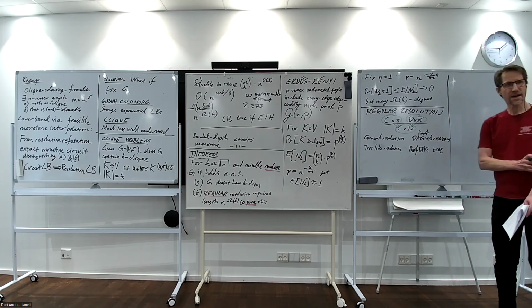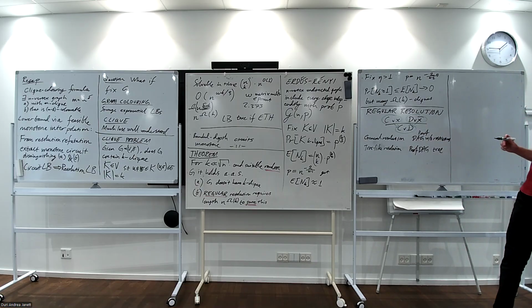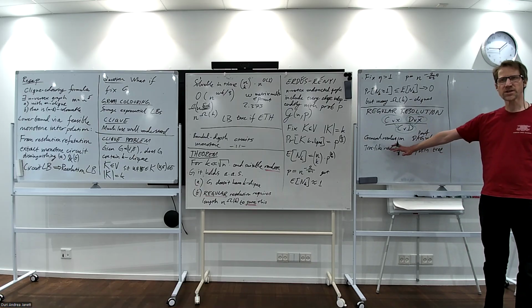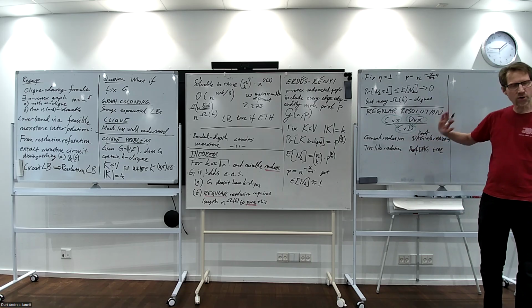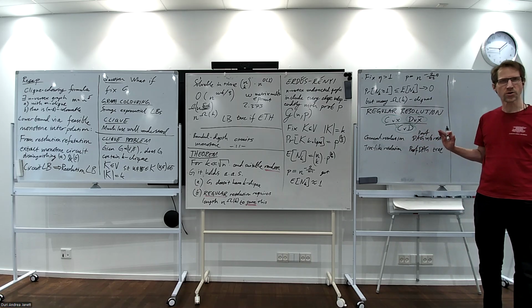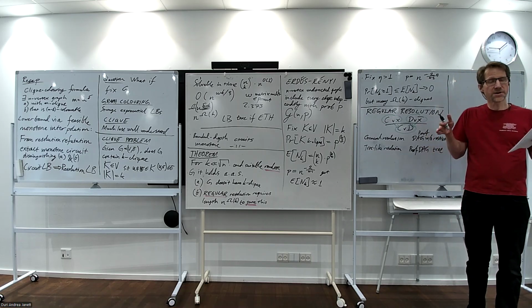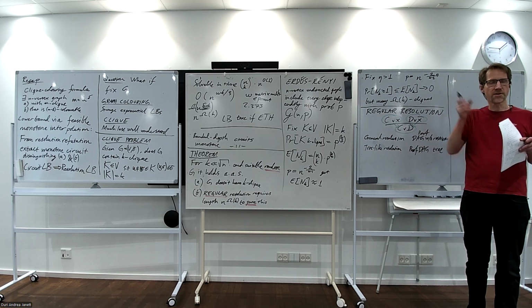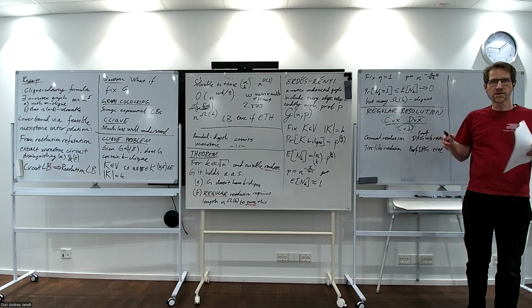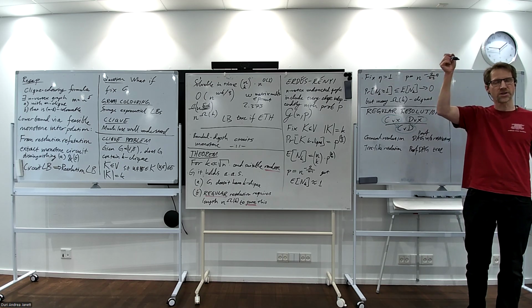And one thing that we have talked about a little bit, but not used so much, is that tree-like resolution you can view as almost equivalent to the decision tree model. What's a decision tree? A decision tree is a binary tree where every non-leaf node queries a variable, and there are two outgoing edges, 0 and 1. Given an assignment, you start at the root, look at what the queried variable is, and follow the edge labeled with the right value.